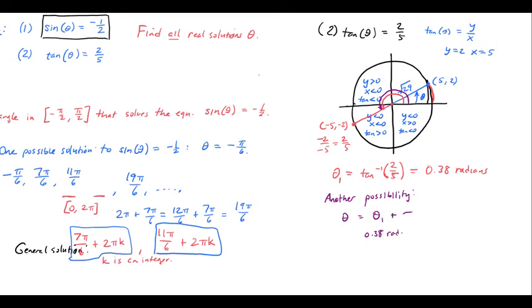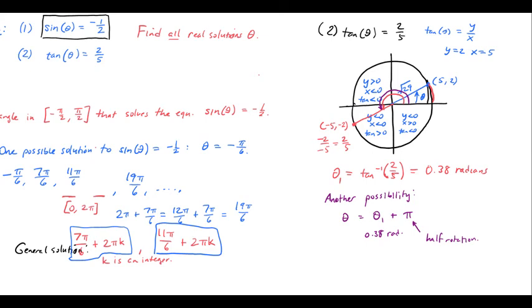plus pi, which is half a rotation. And if I take that angle and add another pi to it, so start here and add another half a rotation, I get back to this one, which is another angle measure where my tangent is 2/5.